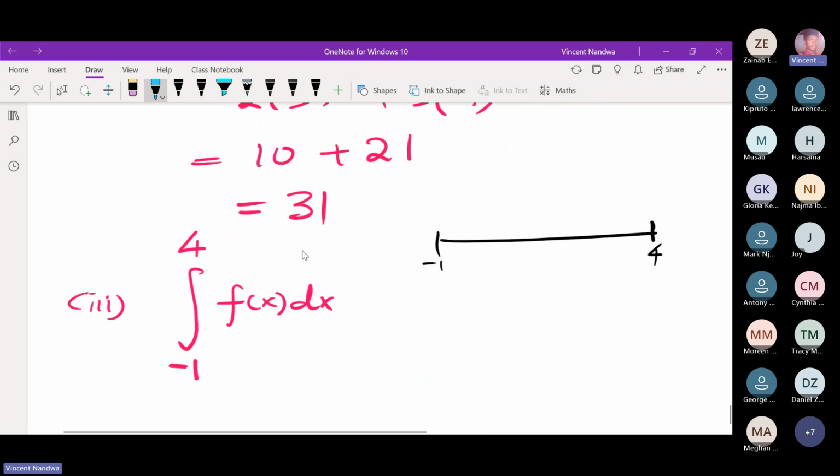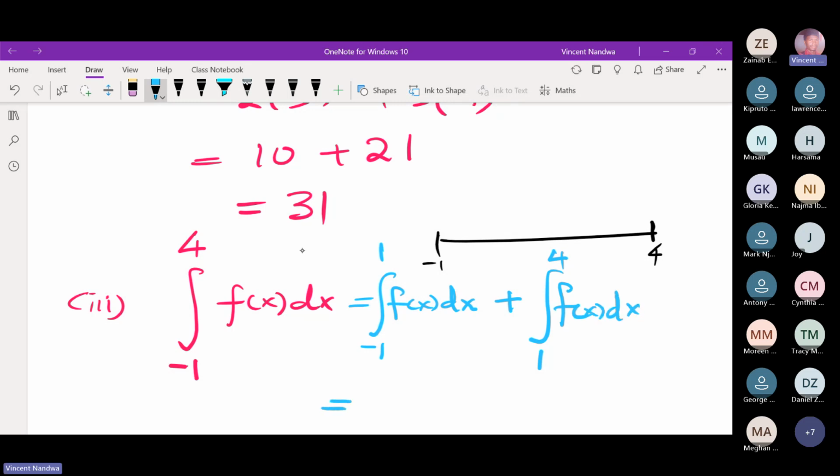So this by definition will be given by the integral from -1 to 1 of f of x dx, then plus, now the upper limit of the first integral becomes the lower limit of the second integral, up to 4 of f of x dx.